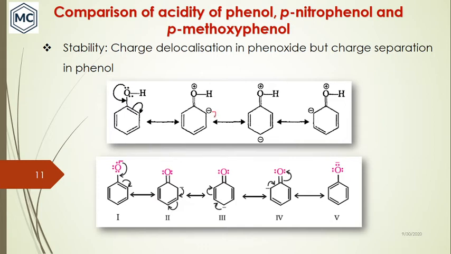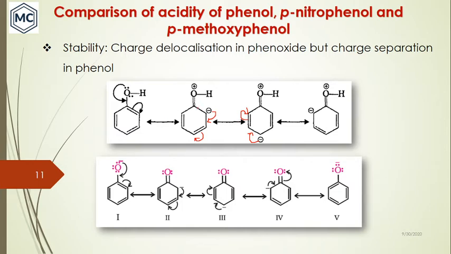Then again, you show the arrow like this, and this double bond breaks and this carbon becomes anionic. Similarly, it transfers electrons like this and you get a negative charge here. In all these four structures, you get the resonance hybrid of phenol.